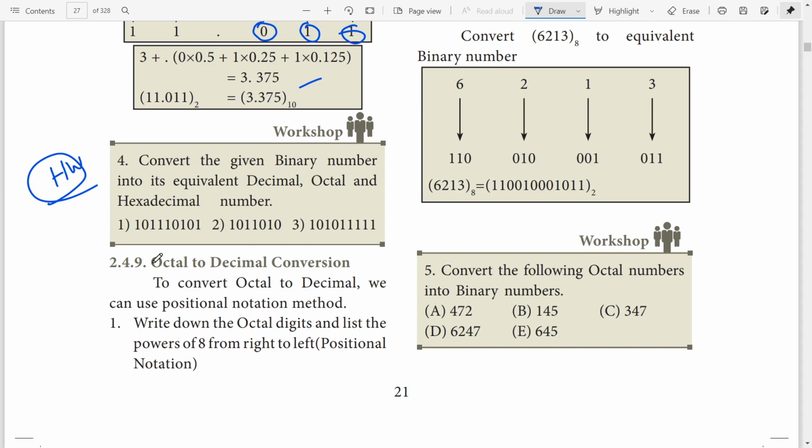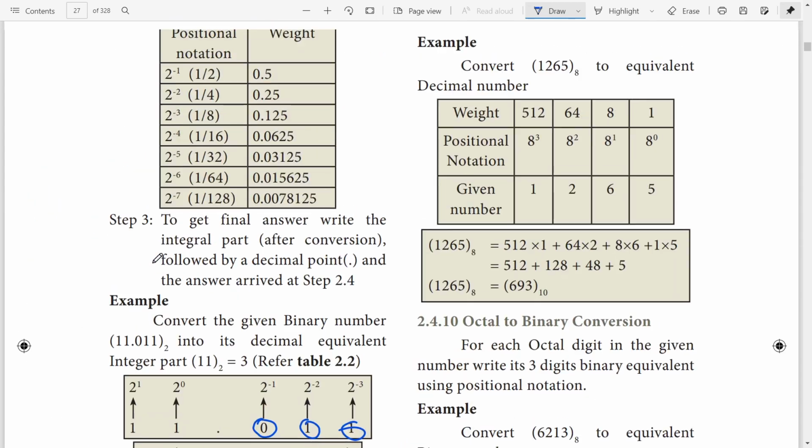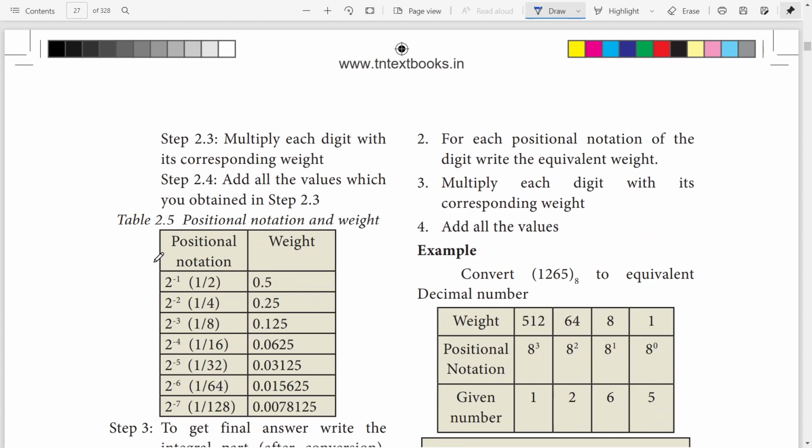Next, octal to decimal conversion. Write down the octal digits in the list of powers of 8 from left to right, and for each position, write its digit equivalent to 8.